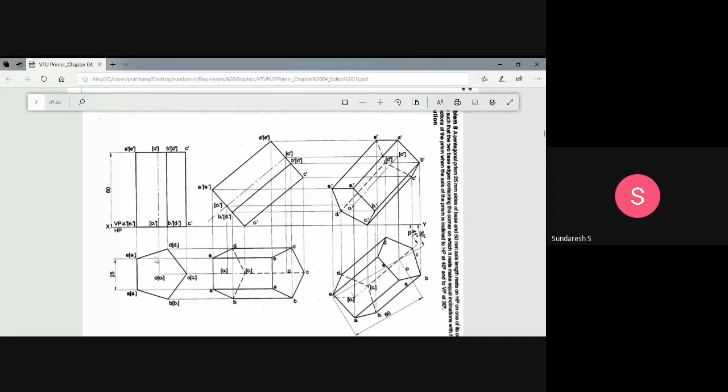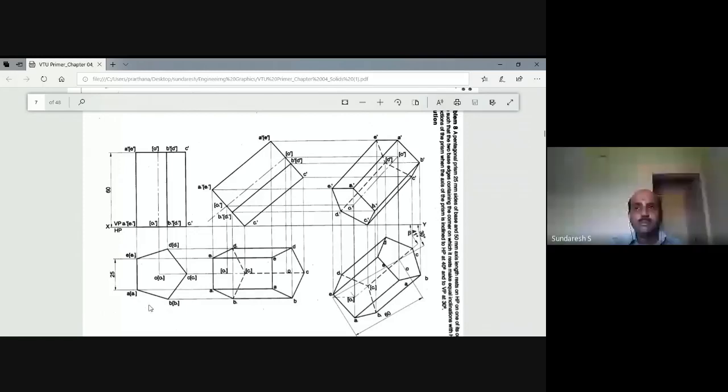So this is the top view of a pentagonal prism resting on HP with one of its base corners. The top face will be A, B, C, D, E, whereas the bottom base will be A1, B1, C1, D1, and E1, and the solid is resting on the base corner, which is C1.